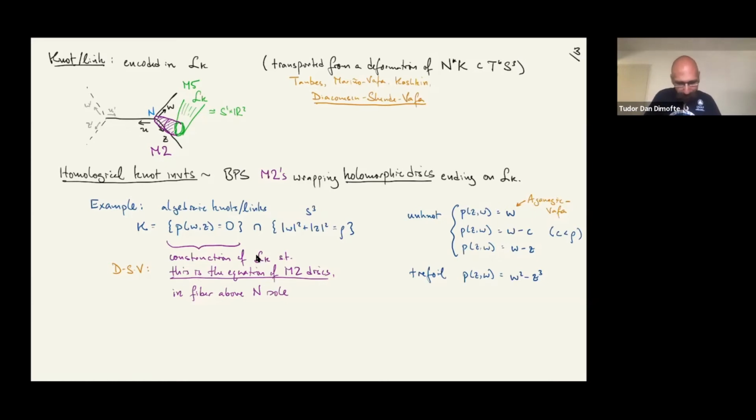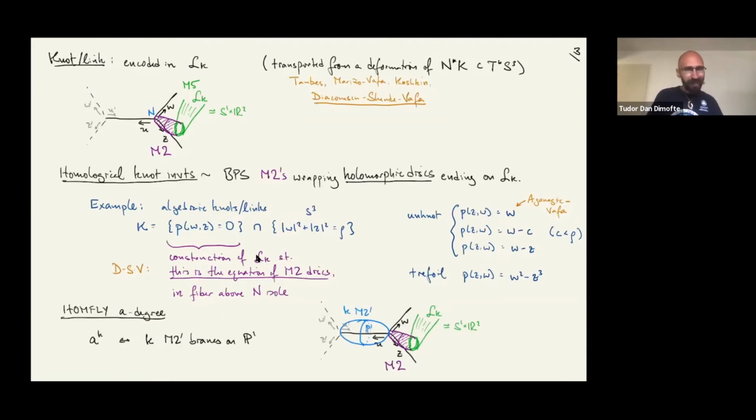The Lagrangians themselves are actually horrendous to write down explicitly, but the M2 branes are really nice, and so they just wrap these singular curves in the C2 fiber above the North Pole in the resolved conifold.